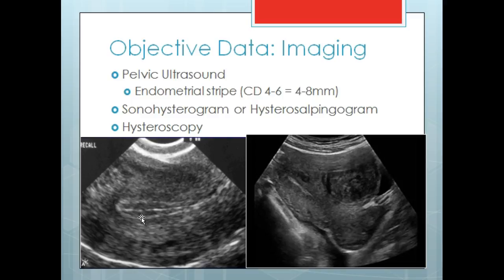On the one hand, we want a minimum that shows that we're producing estrogen. On the other hand, we don't want it to be really excessive either, like if we're concerned about perhaps unopposed estrogen. Or if you were debating whether to do an endometrial biopsy, which is pretty uncomfortable, you could consider doing this first.